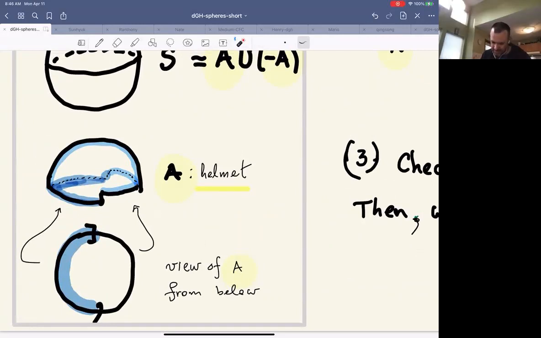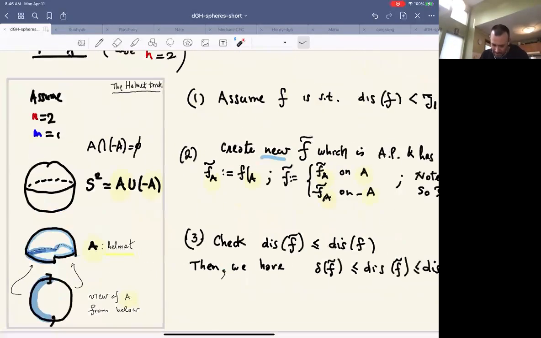It looks like a helmet. You first start by taking a hemisphere, and then you start removing parts of the boundary until A and minus A become disjoint. So this is a view from below. Here it means open and closed. And here you took away that part of the boundary, etc.